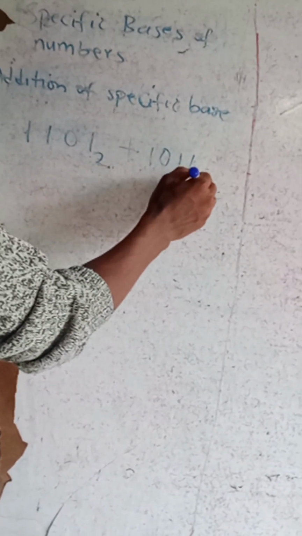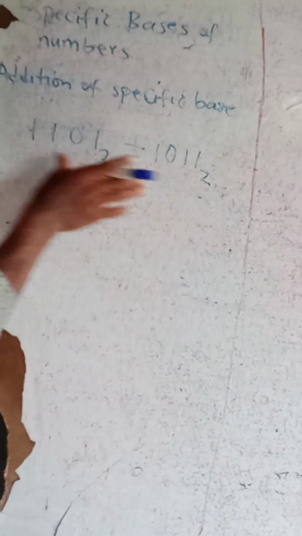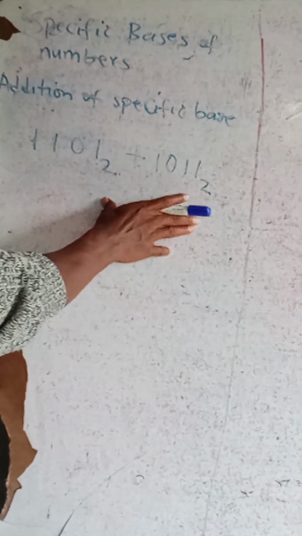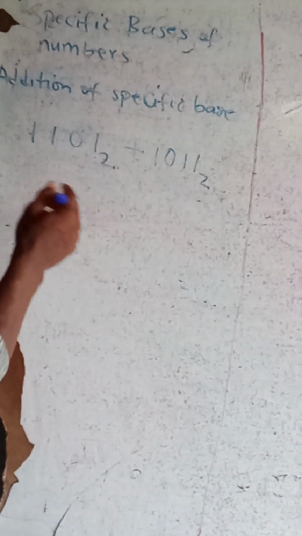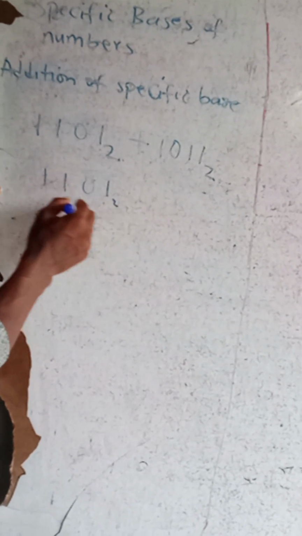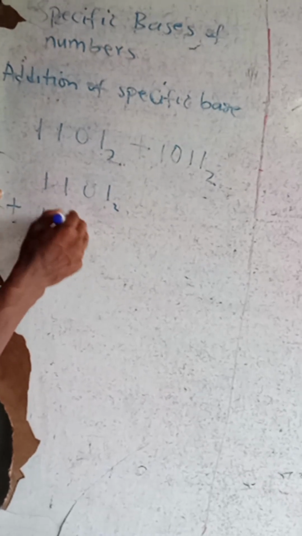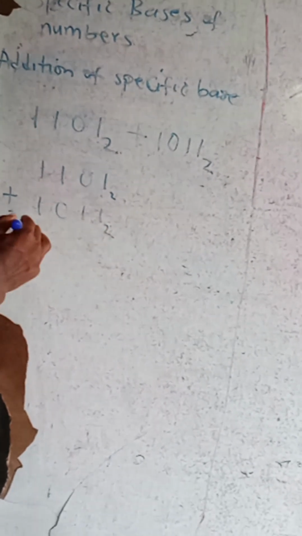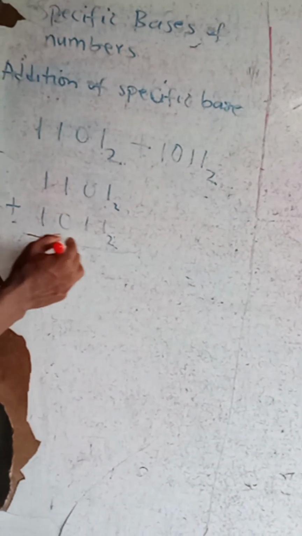1011 base 2. So if we are adding these two binary numbers, see how it's going to be. First of all, arrange them. This is 1101 base 2 plus 1011 base 2. Okay, so let's add.